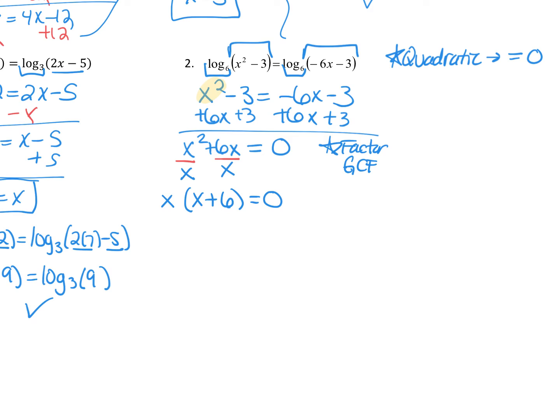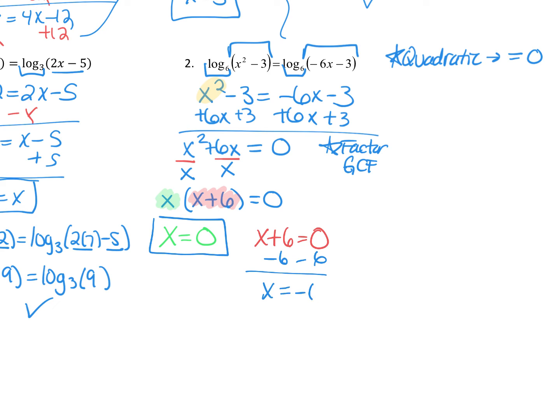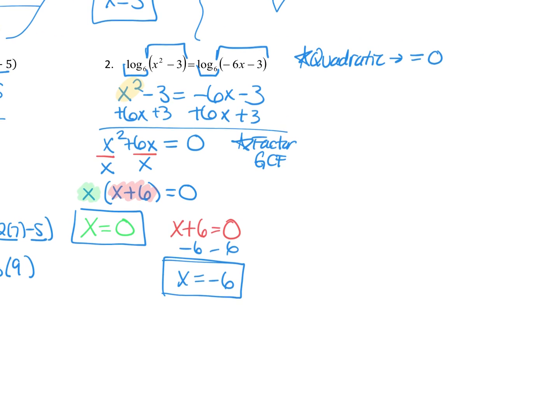Now to solve, I'm going to set each of my factors equal to 0. So I'm going to set x equal to 0, and I'm going to set x plus 6 equal to 0. Now, x equals 0 is already solved. I'm going to finish solving this one by subtracting 6. And so I'm going to get solutions of 0 and negative 6.